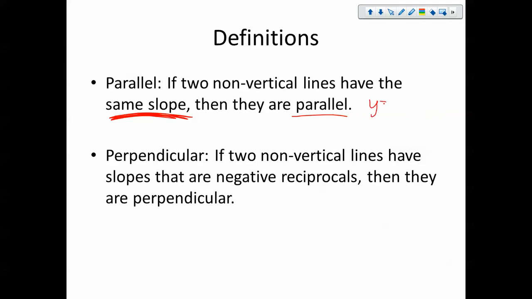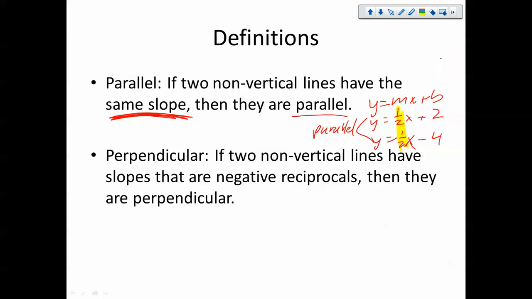Meaning that if you have two different lines that are in slope-intercept form, and they both have a slope of 1/2, y equals 1/2 x minus 4, these two lines are parallel because their slopes are both 1/2. This is an example of lines that are parallel.